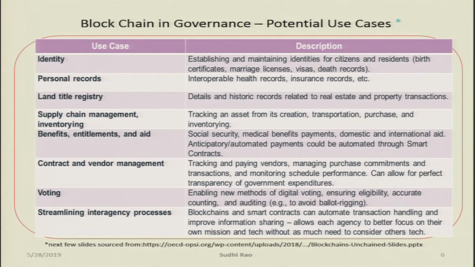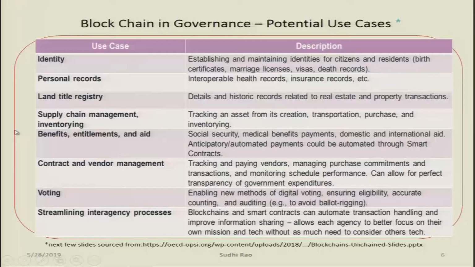Are these the key requirements of this realm of operations? In that case, blockchain can be developed profitably. So, based on that, this organization from OECD, OPSI, has identified certain areas which they think can leverage blockchain more easily, better than any other technology and better than any other field.